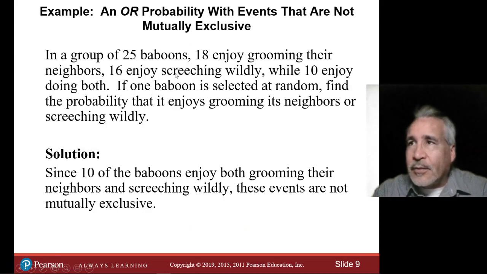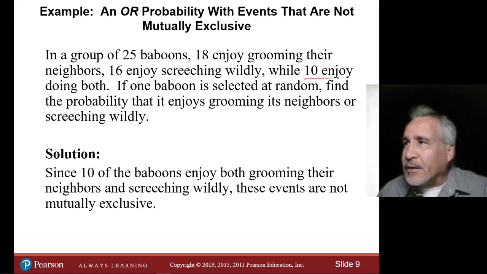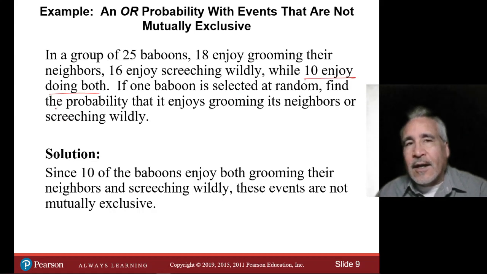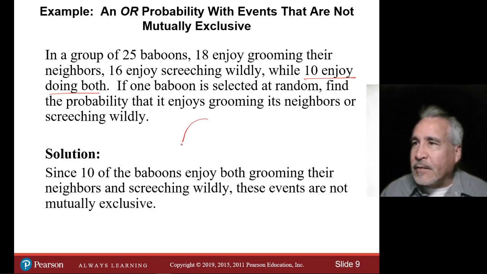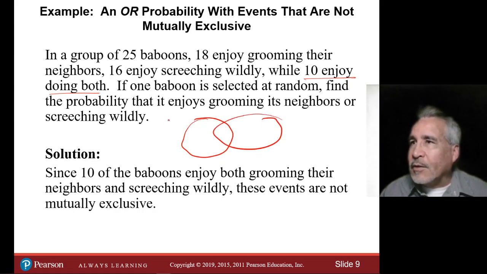So in a group of 25 baboons, 18 enjoy grooming their neighbors, 16 enjoy screeching wildly, while 10 enjoy doing both. So you see, these 10 are in both groups. If you were to draw this, remember Venn diagrams are helpful. We've got the groomers, and there's 18, but remember, they include 10 here.